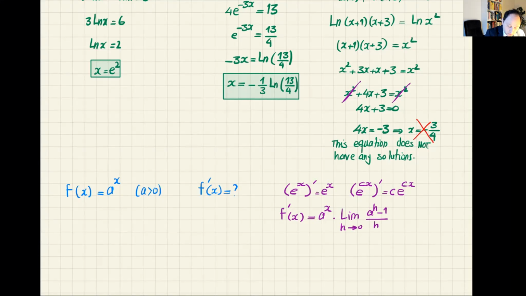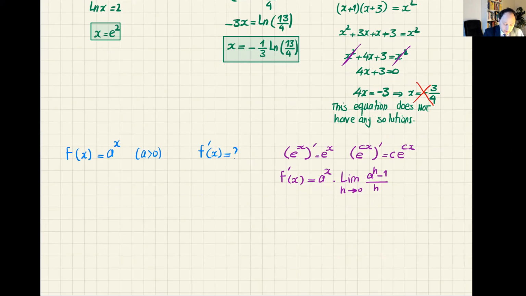So we have partially answered this question. We know that the derivative of this function is the same function but multiplied by a limit. We don't know about this limit unless a is e. So we know that this limit is 1. But for other numbers, still we don't know that. Okay, so these are the things that we have so far. Okay, now how can I calculate this limit?